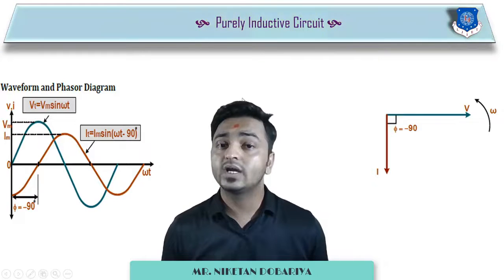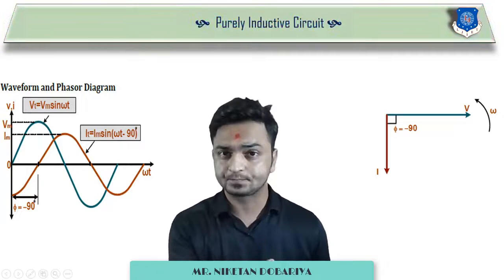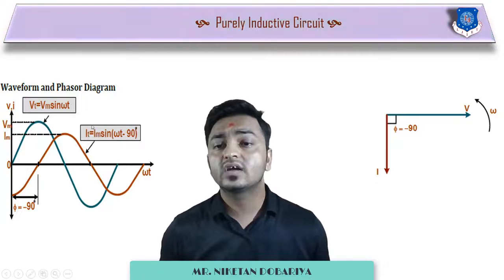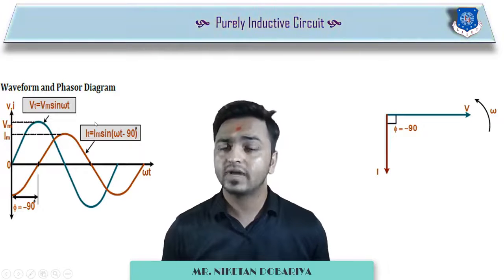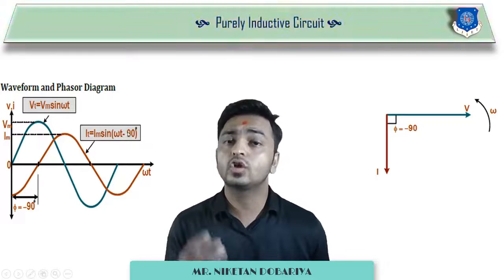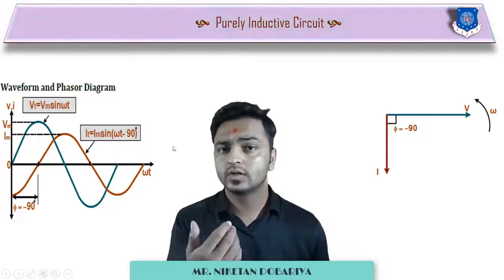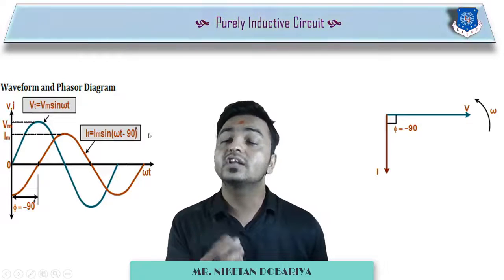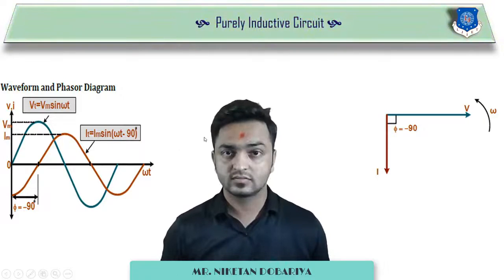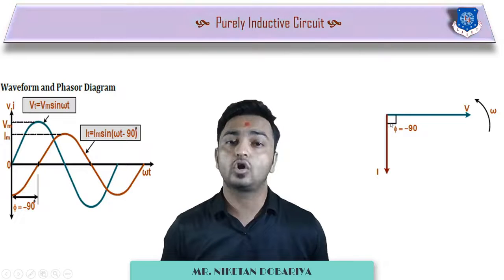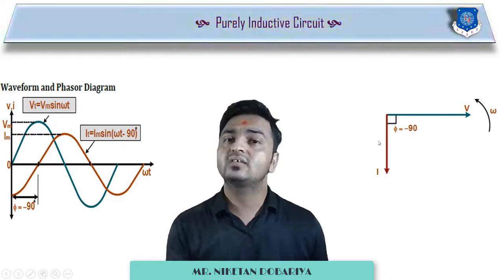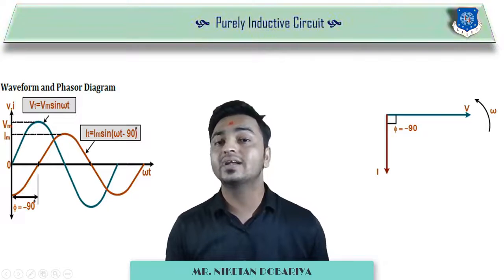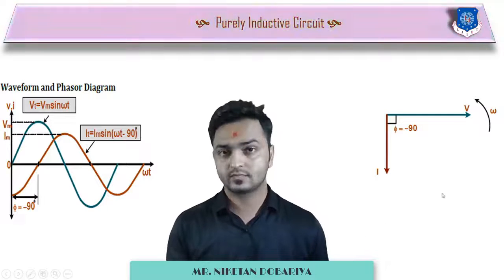In a similar way, if we find the vector for current, the value of that current is defined by Im. According to that value Im, you can find a certain length, and the angle of this current is minus 90 degrees. When we consider the xy plot, we define a minus angle in the clockwise direction, in the fourth quadrant.